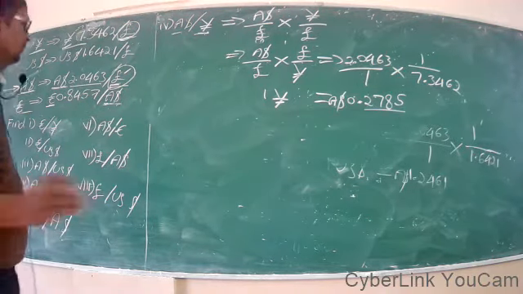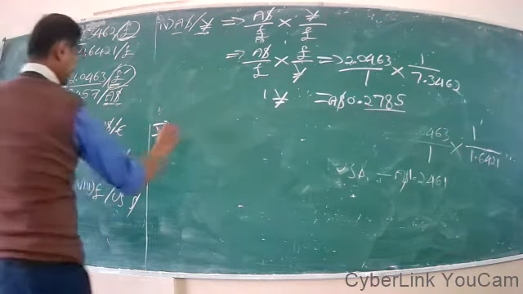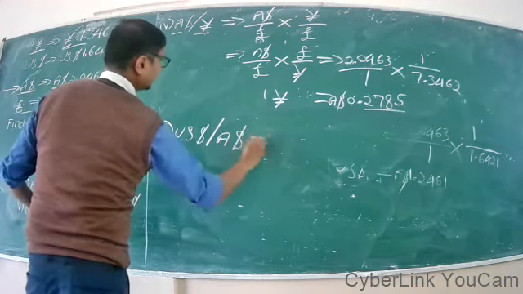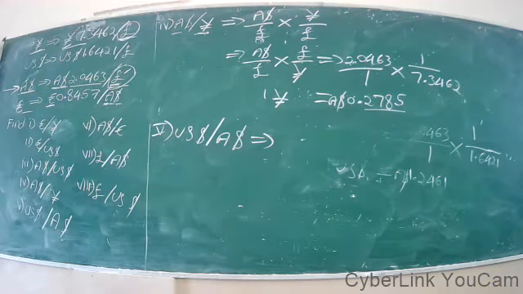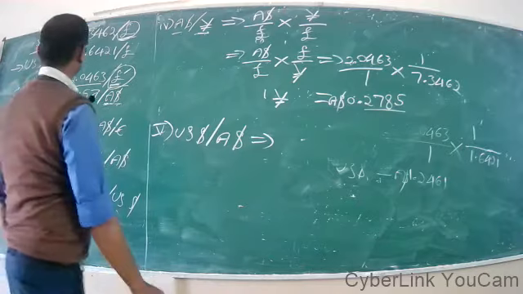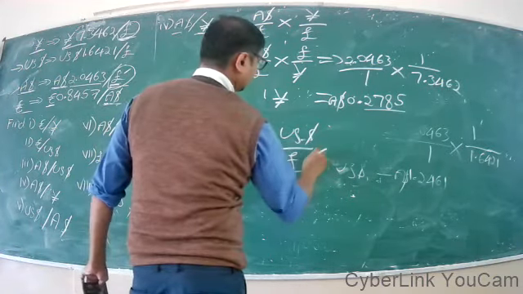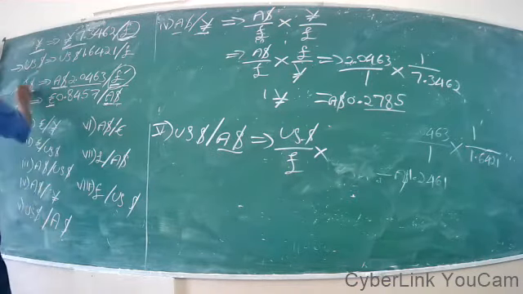Now, the fifth question they are asking is US dollar per Australian dollar. Now, which are the quotations we need to consider? US dollar is given in one quotation, that is US dollar per sterling pound is given, and another quotation they are asking is Australian dollar.